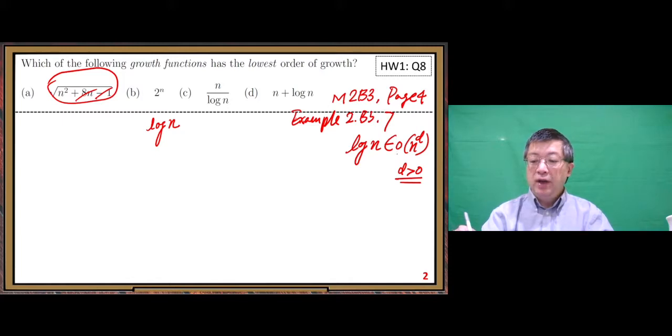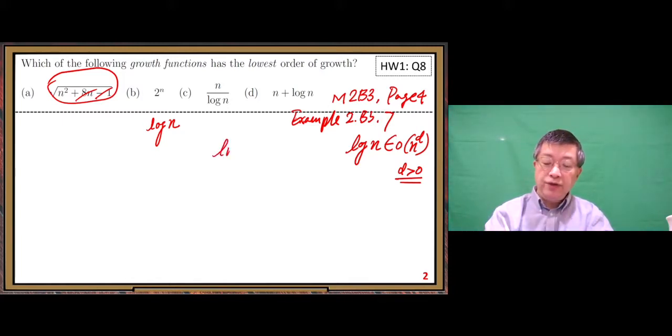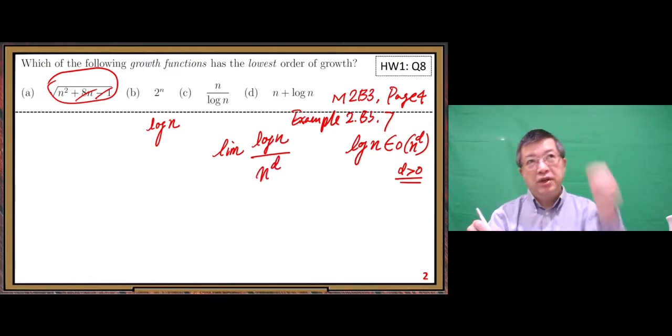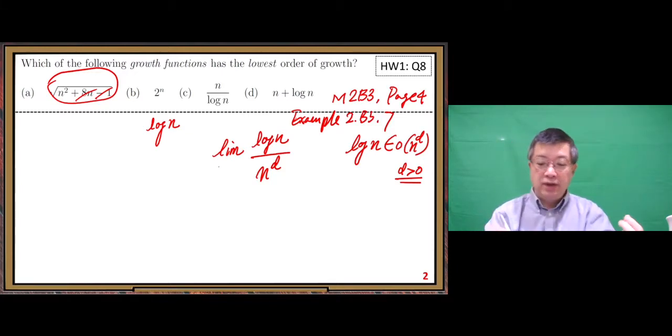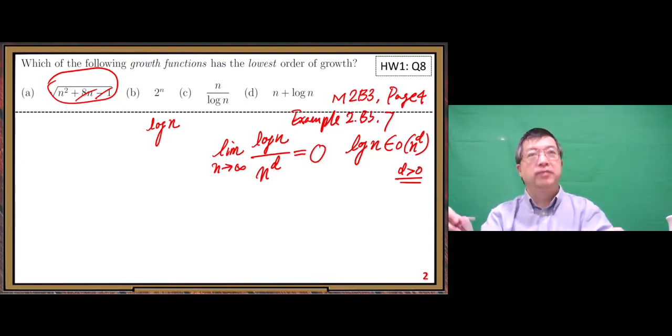That means if you use the log function over n to the d power, even for a very small positive d, as n goes to infinity, this is 0. That's the meaning, okay?